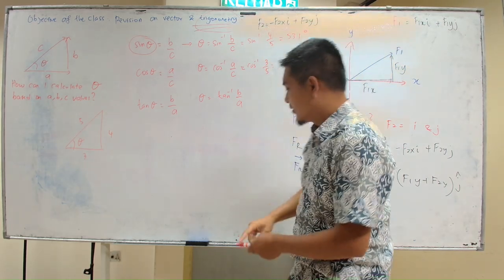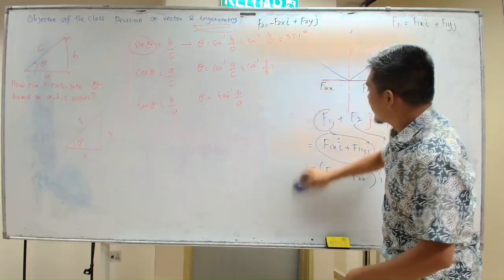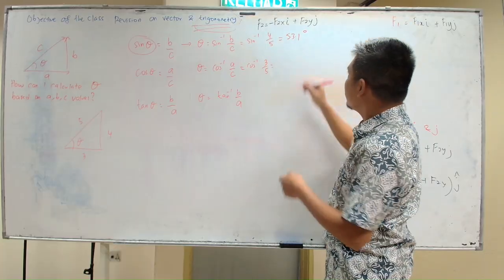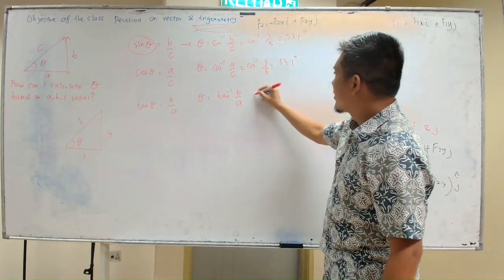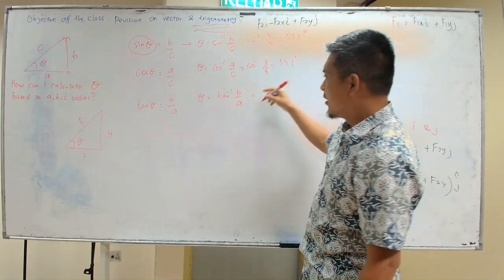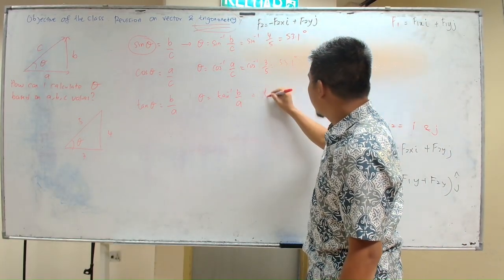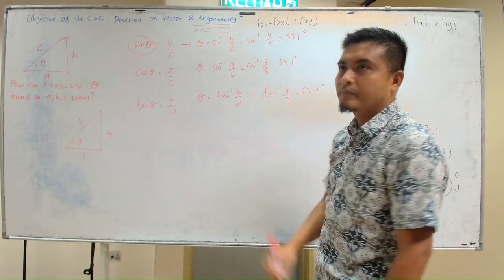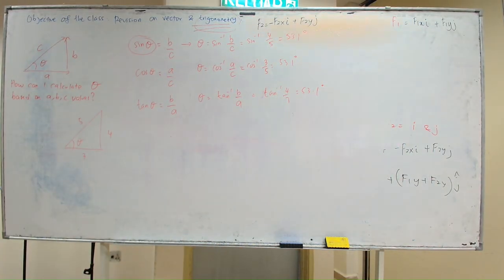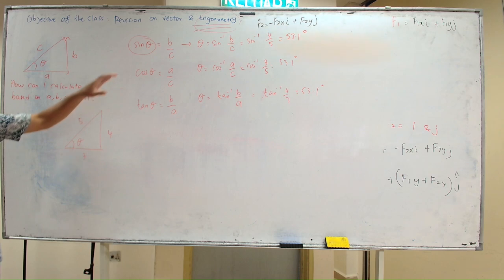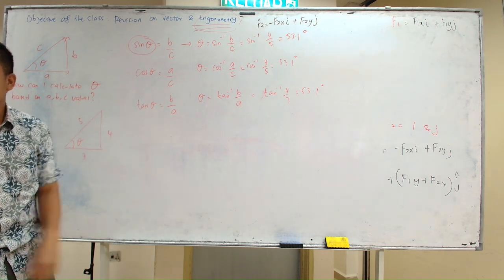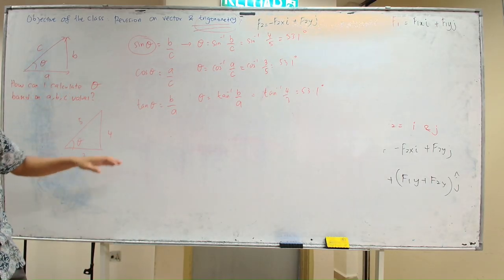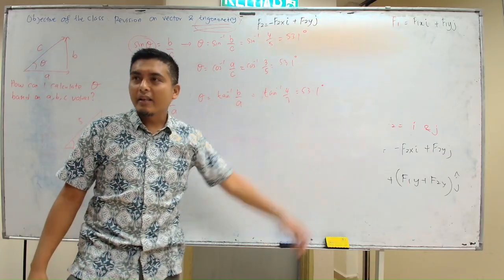What do you get? 53.1. If you use tangent inverse 4 over 3, what do you get? Okay, so it means that as long as you use the correct formula, either sine, cos, or tangent, you can get the same answer, theta.